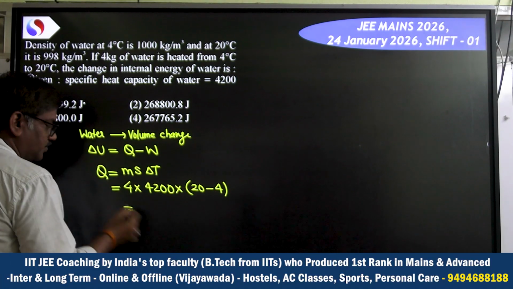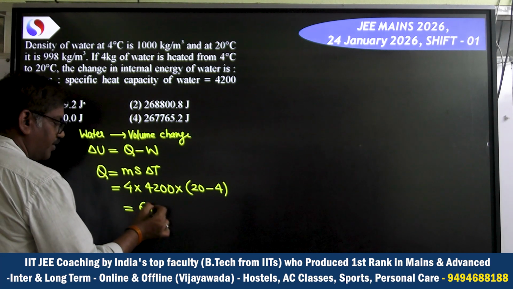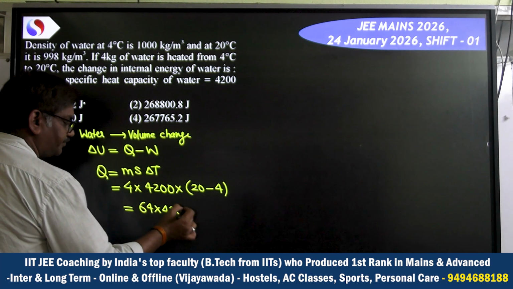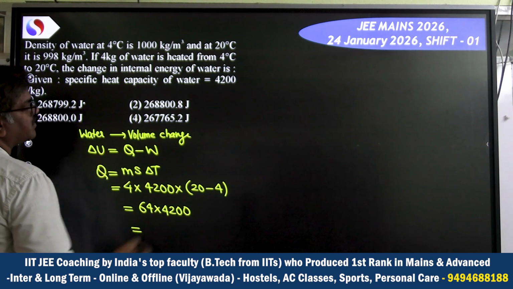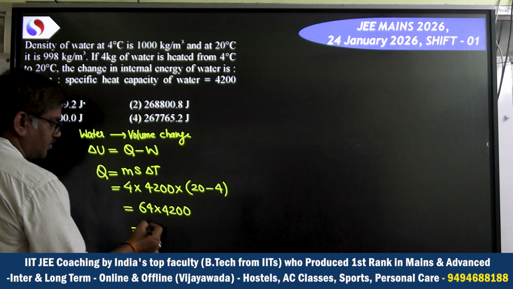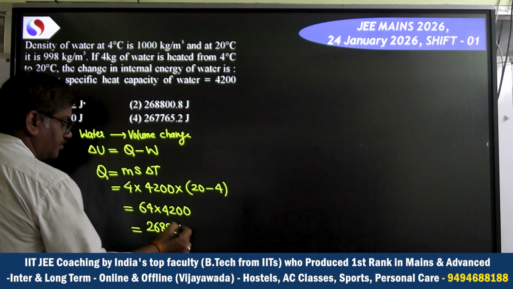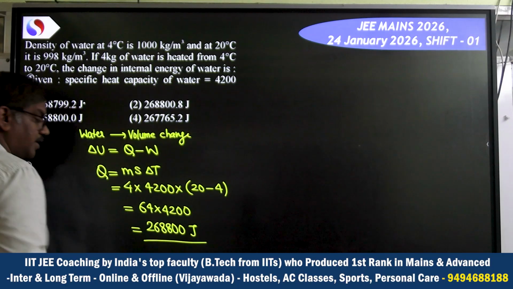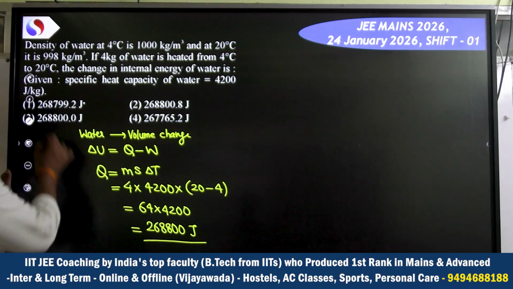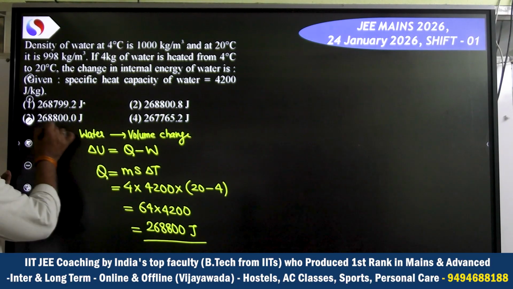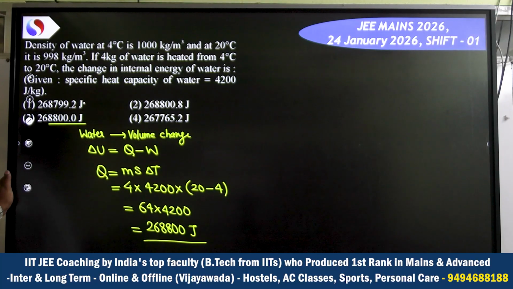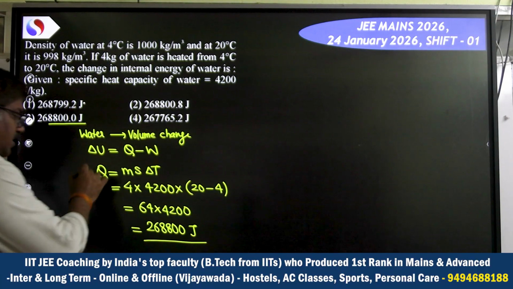So 16 times 4 means 64, into 4200. Now we will solve this. We are getting 268800 joules, right? As you can see, this is the option, and generally students make a mistake. They see this option and mark it. But remember, this is only Q.